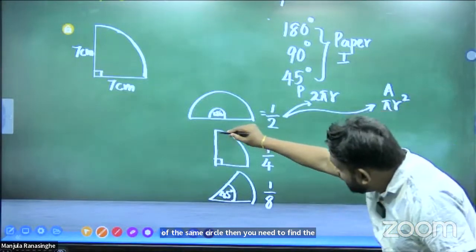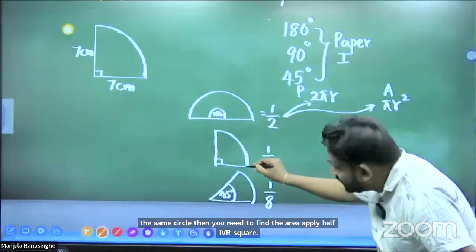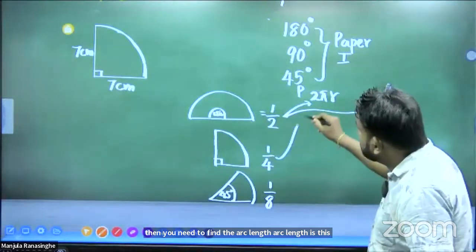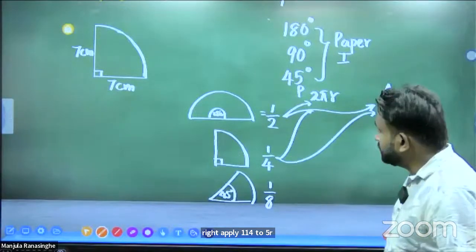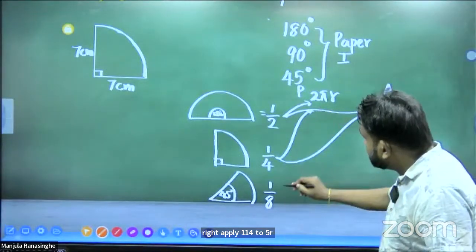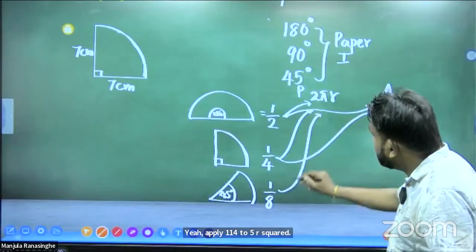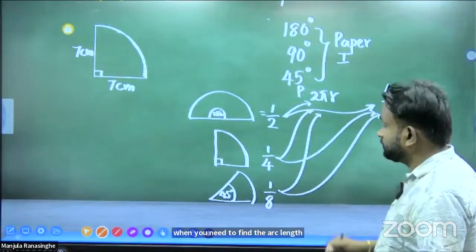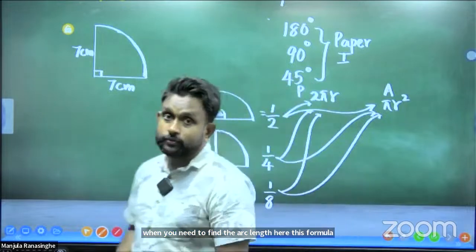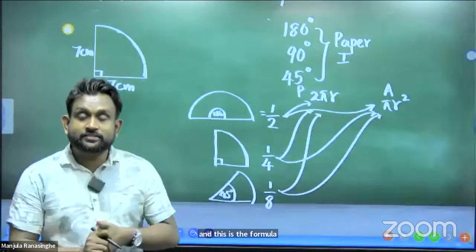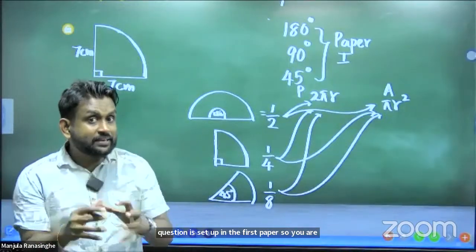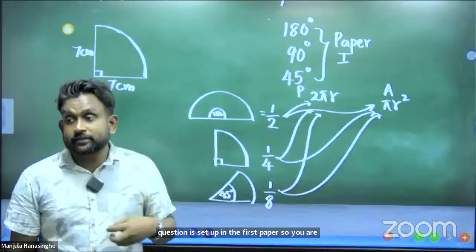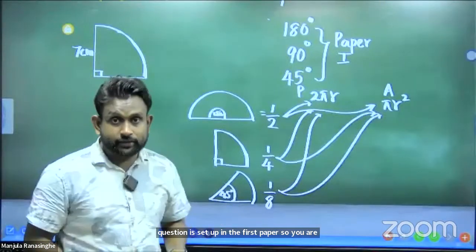When you need to find the arc length of the semicircle, apply half into 2πr. When you need the area, apply half into πr squared. For the 90 degree sector, apply 1/4 into 2πr for the arc length, and 1/4 into πr squared for the area. So now you know how the question is set up in the first paper. If you practice with these sectors, it will be very easy.